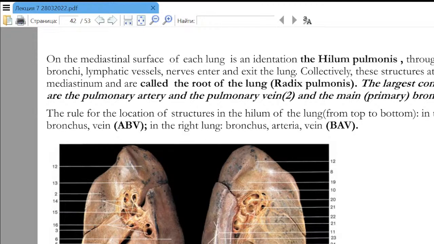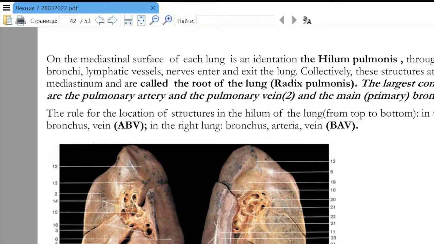Collectively, these structures attach the lung to the mediastinum and are called the root of the lung, radix pulmonis. The largest components of the root are the pulmonary artery, the pulmonary vein, and the main primary bronchus.